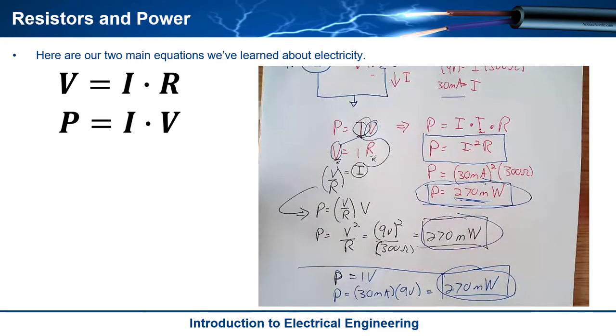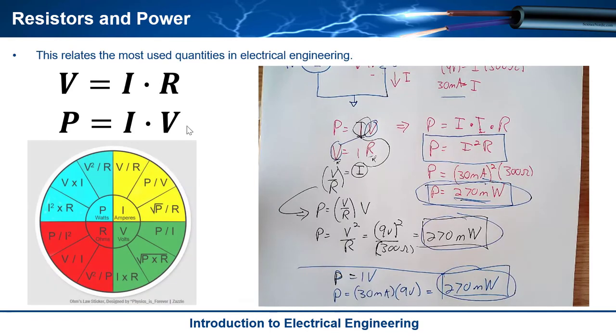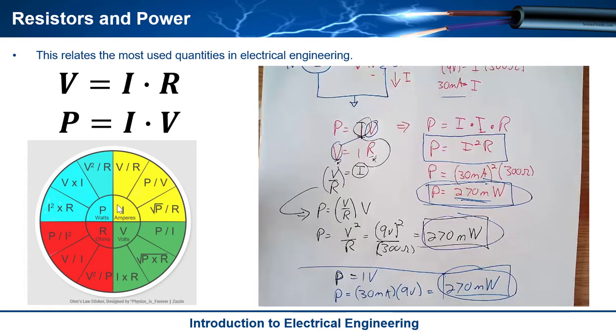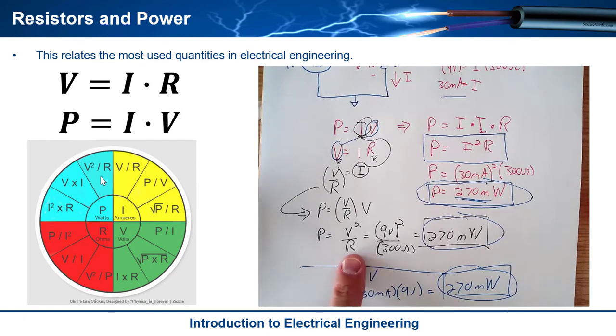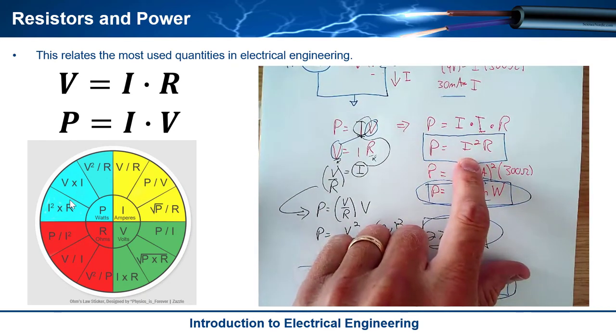It turns out this is kind of interesting. These calculations are common enough that they create these little graphics. This one's called an Ohm's Law wheel, and in this one you actually have the power in here too. So you can quickly look at this wheel and see the equations for power. Here's my V squared over R, here's my IV, and here's my I squared R. Those are the three we just looked at.